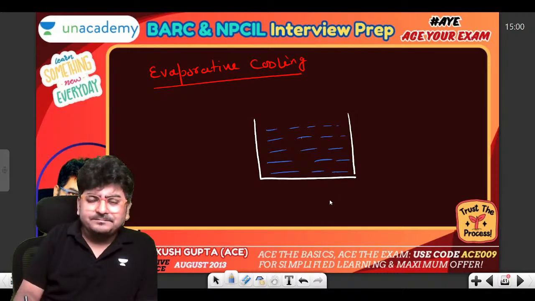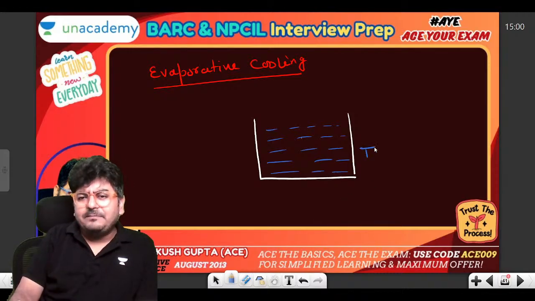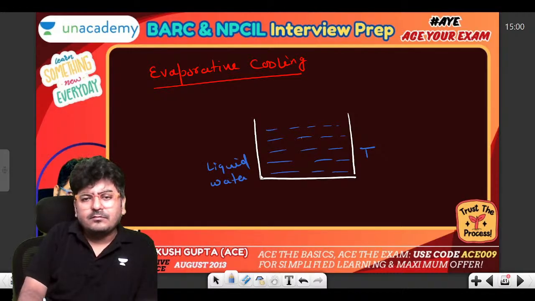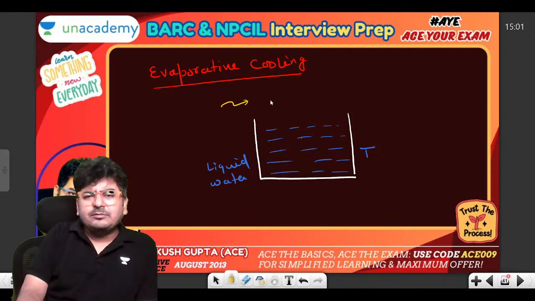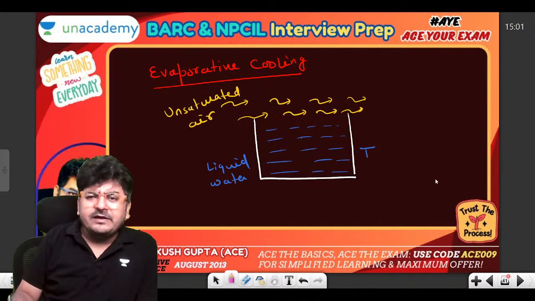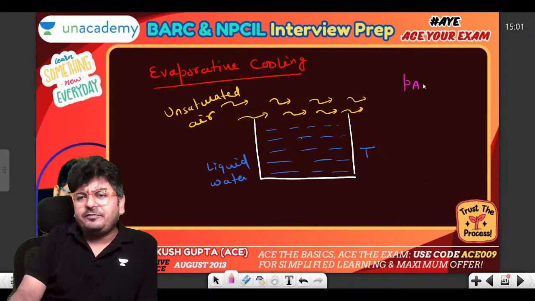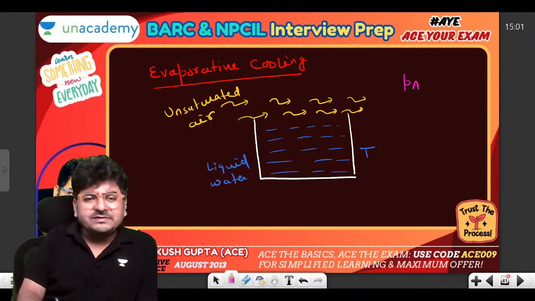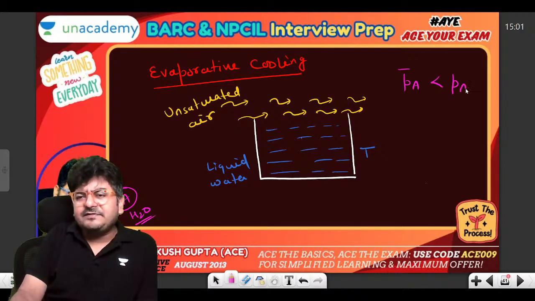Suppose this is the water at temperature T. It is open to the atmosphere, or maybe closed, doesn't matter. Let's say unsaturated air is passing. If unsaturated air is there, what will happen? The partial pressure of moisture, let's say moisture means A, will be less than its vapor pressure.